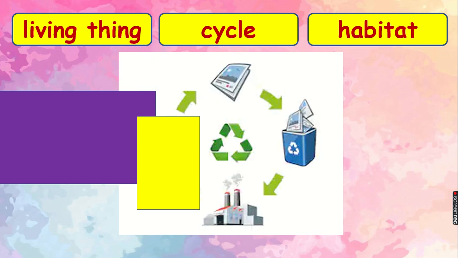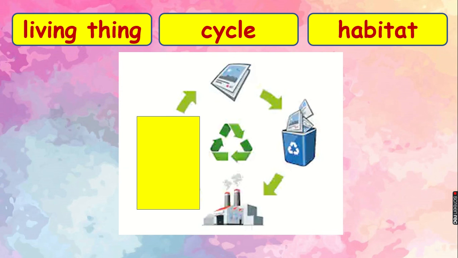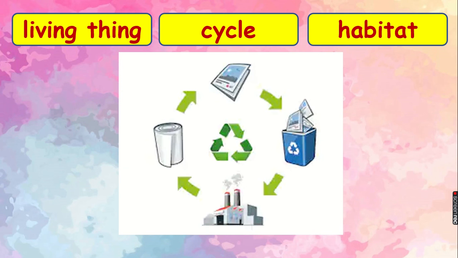Is it living thing, cycle, or habitat? Good, it's a cycle. Right, this is the process of how to use paper again. So this is the old newspaper. We put them in the recycling bin, and those paper will be taken to the factory to make new paper, which we can use again.